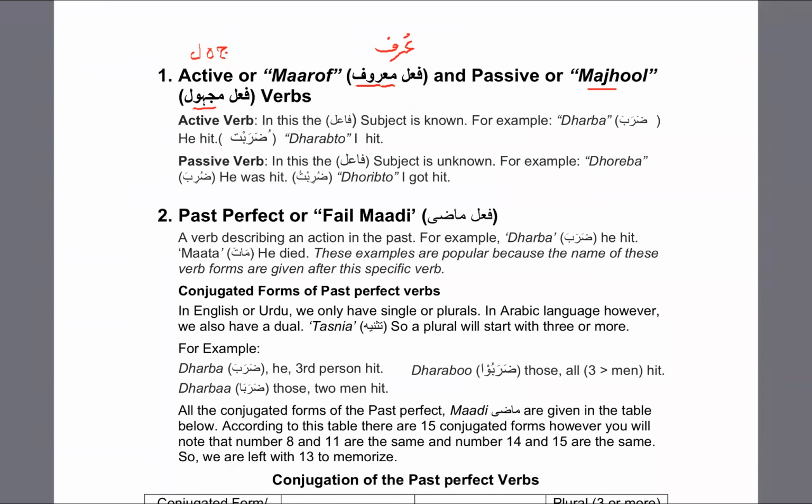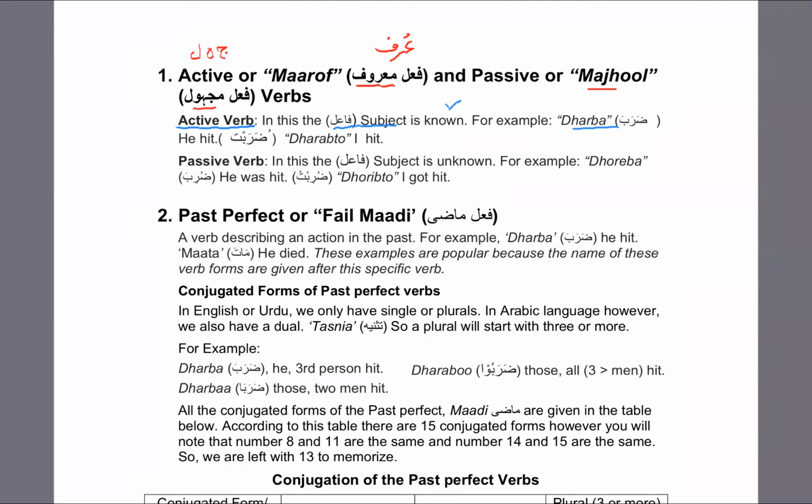So let's go to the active verb. The active verb is something in which the fail or the subject is known. We know who did the action. For example, daraba. Daraba means to explain something, to give example of something, or to hit. Daraba, he hit.